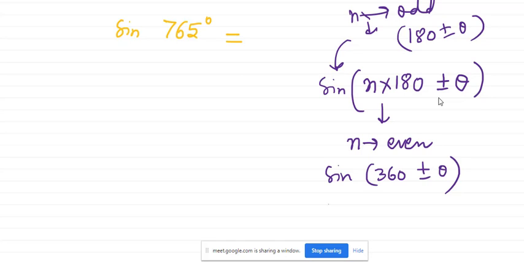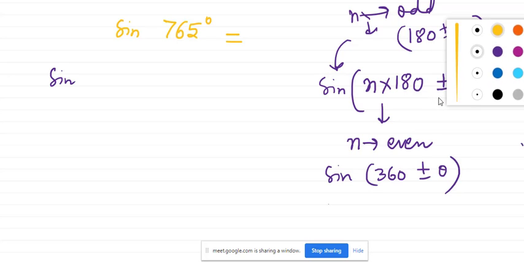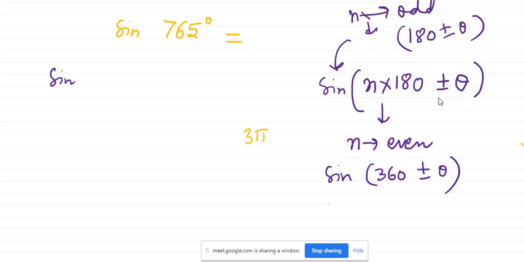Yes, ma'am. Okay. I know some students also follow the other rule, that is 3 pi by 2 plus minus theta. So we could do 810 minus 45 also.